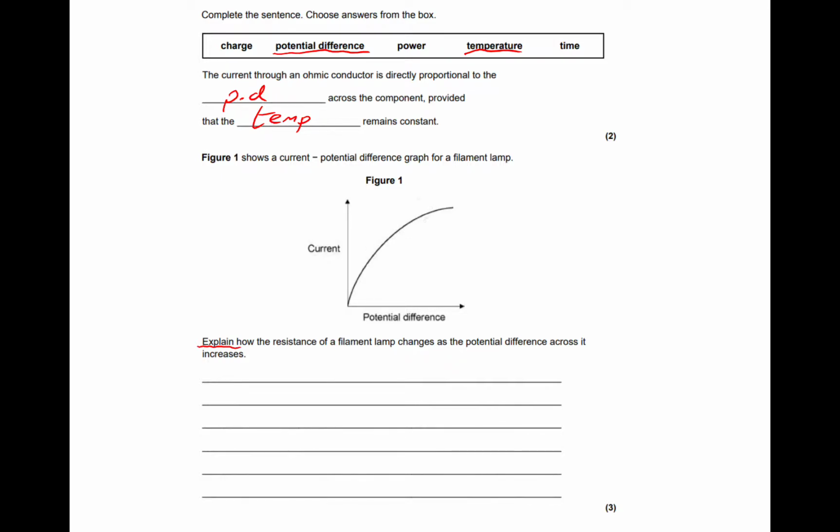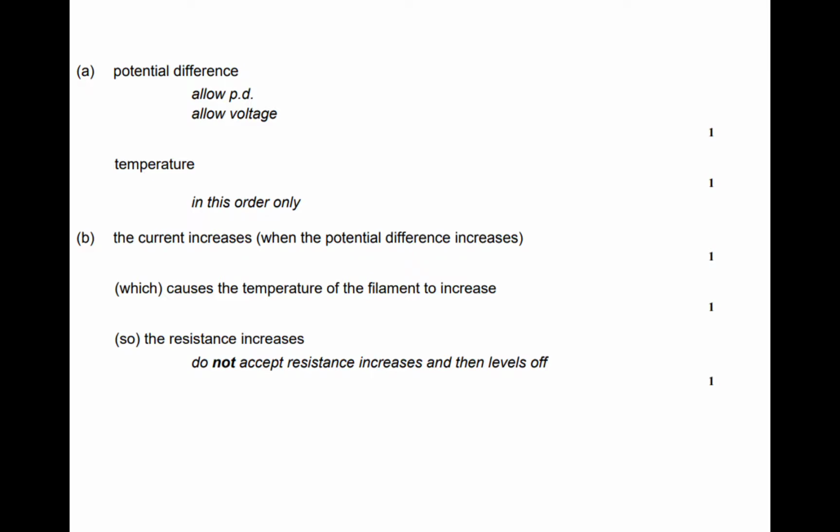You might realize that this graph is just the upper right quadrant, chopped off the bottom left, the reverse bias. Explain how the resistance of the filament lamp changes as the PD across it increases. So the current increases, which causes the temperature of the filament bulb, or filament lamp, or just filament, to increase.